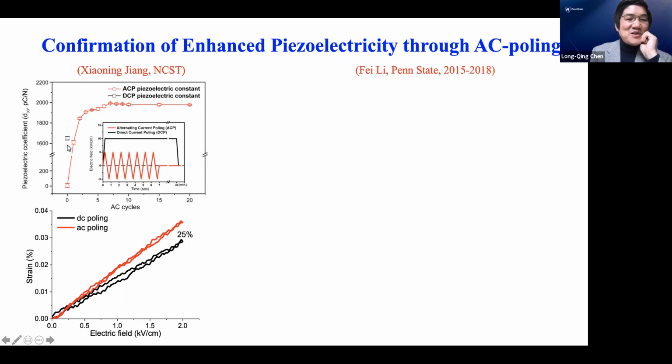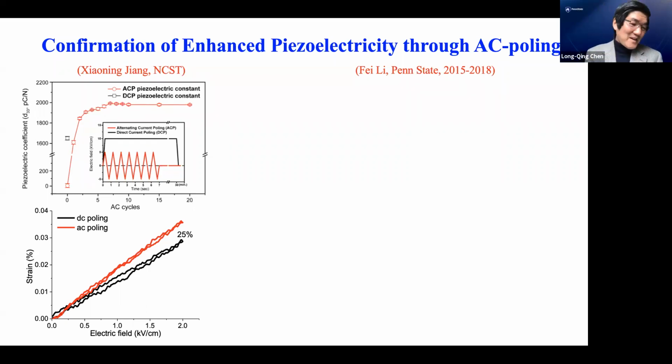A DC pole is about 1600, but now if you go through these AC cycles, it gradually increases and eventually saturates. So through the AC poling, you have now about 30% increase in the piezoelectric response.